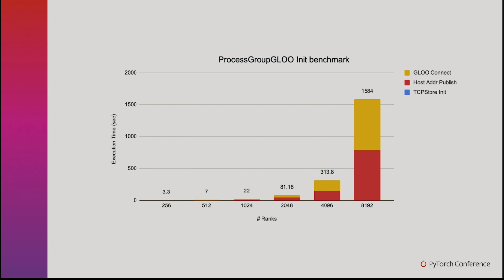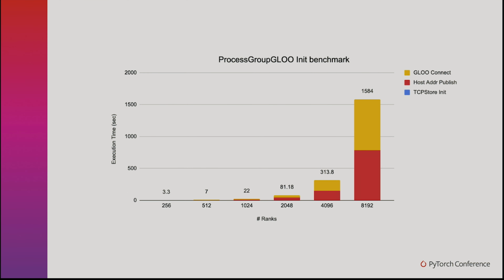So the job cannot last for like 20 hours. It will be even shorter, and you will have 1 hour to restart the job. That is unacceptable. So in this sense, we think the current Gloo implementation does not scale beyond 8K. At 8K, it is okay.